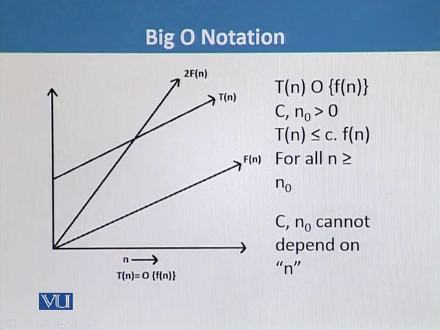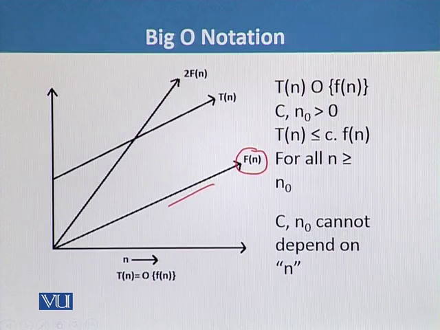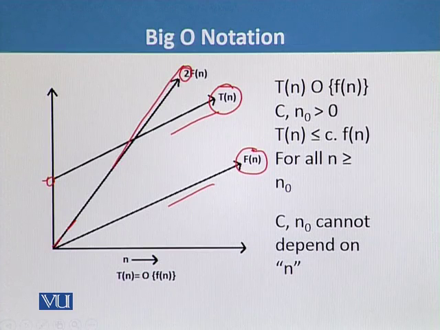Here we can see how we can calculate the big O notation of function f(n). We assume that this line denotes f(n). Here is T(n) starting from here. But if we double the value of f(n) and make it 2f(n), then it will cross the T(n) value.